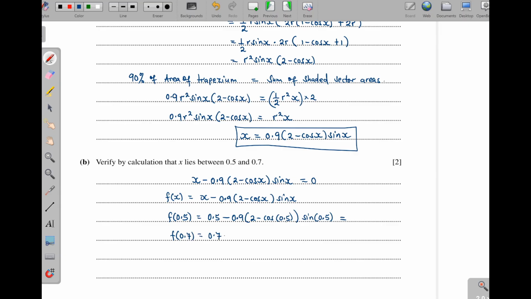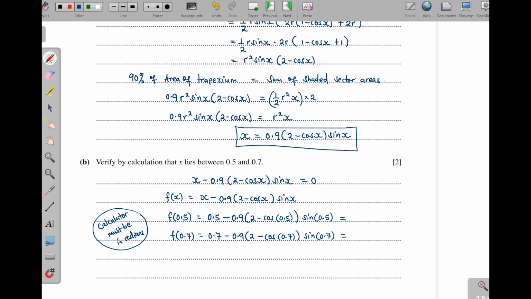So we have 0.7 minus 0.9, then 2 minus the cosine of 0.7, and then sine of 0.7. Since we are having trigonometric functions in here, the calculator must be in radians. Okay, the calculator must be in radians.